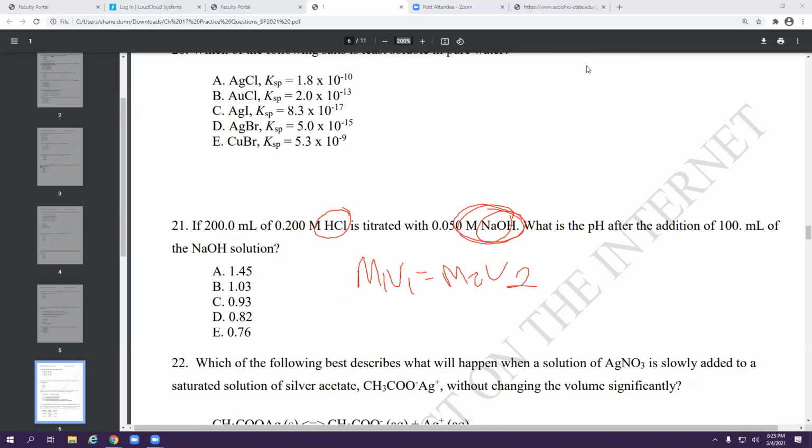What did I do here? Why did I change it to moles? Oh, God. Darn you, Langley.